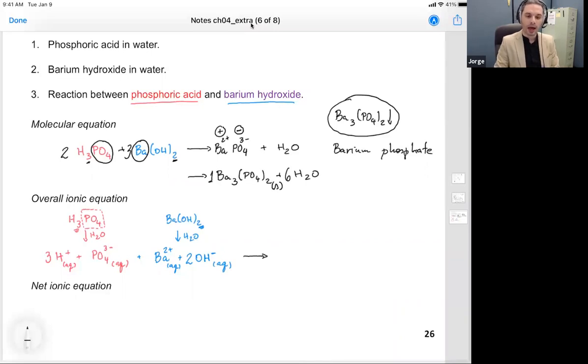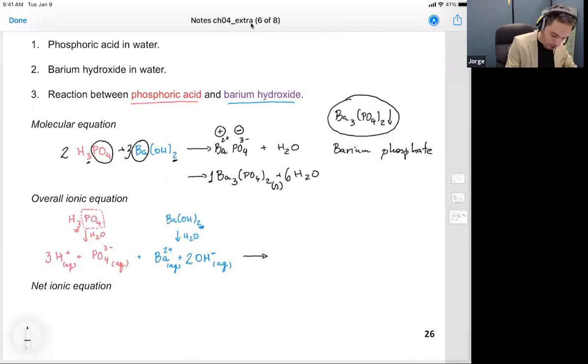So when you have the ionic equation, maybe it will make a little bit more sense why barium combines with phosphate and hydrogen will combine with OH-. Remember that there is very low probability of 2 ions with the same sign to combine because of electric repulsion.